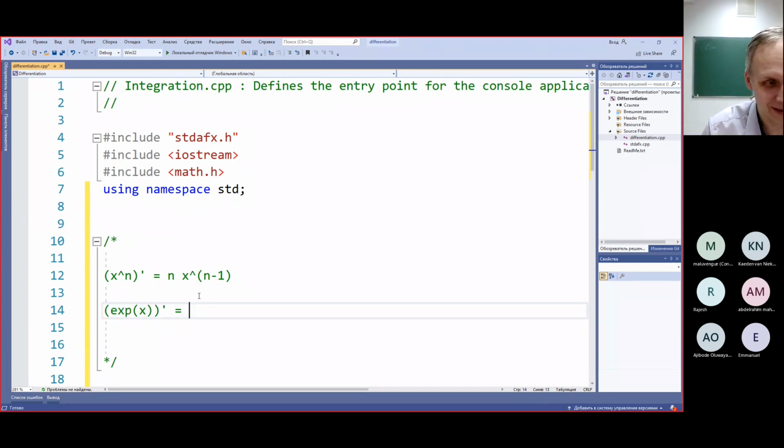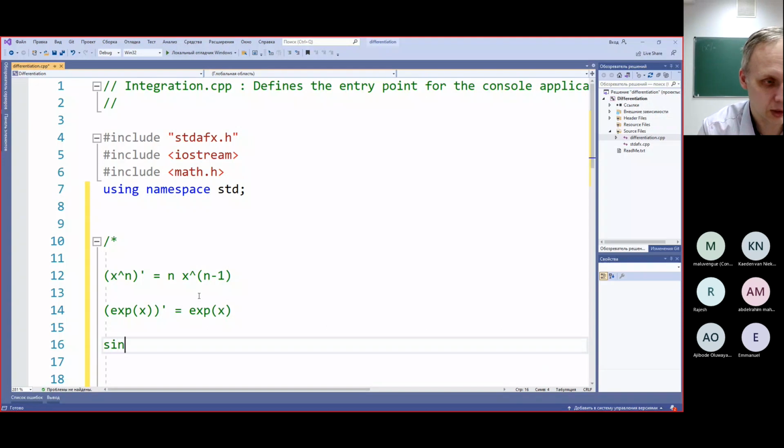This function has the same derivative. That's why this function is very important for numerical analysis, because a lot of examples can be written using exactly this function, the exponential function, because it has the same derivative, e power x.